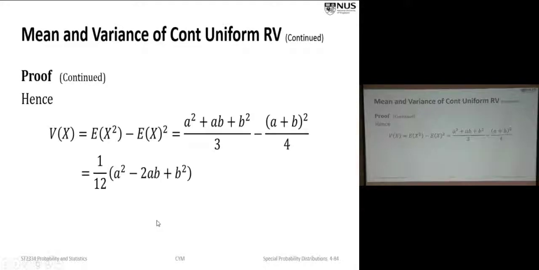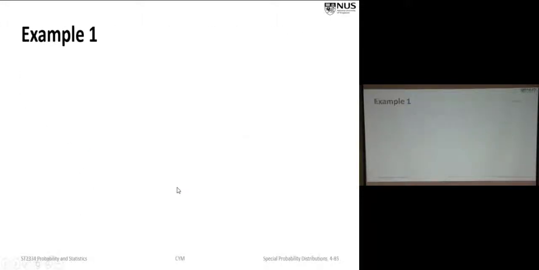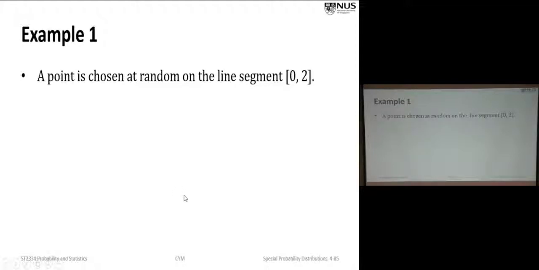The variance is the expectation of x squared minus the square of the expectation, and after I factorize it, it becomes b minus a, the whole thing squared, divided by 12. It's just a simple exercise to illustrate how to get the expectation and variance of continuous random variables.